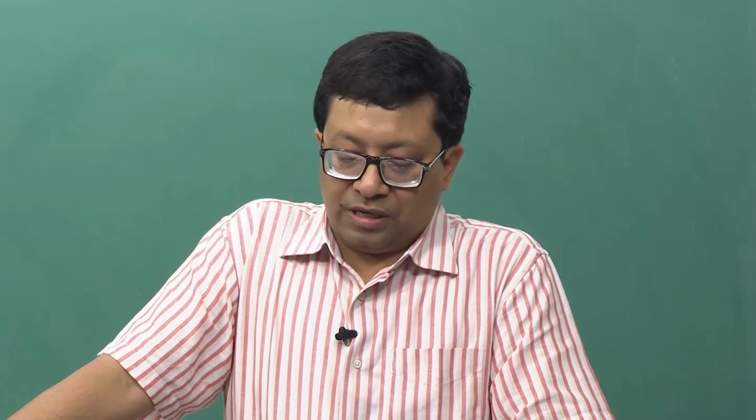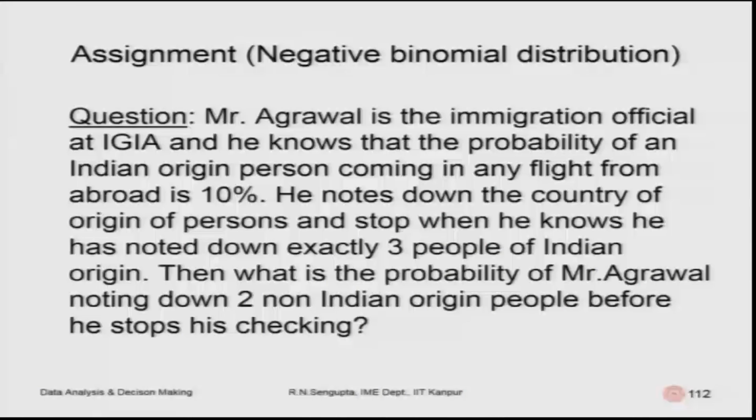The values of P and Q are given. Indian origin coming is 0.1, non-Indian origin people coming is 0.9. Here the value of x, which is non-Indian, is 2. Here Indian is 2 plus 1, because when the third one comes he meets the Indian one, he stops. So, I put those values and solve it accordingly.